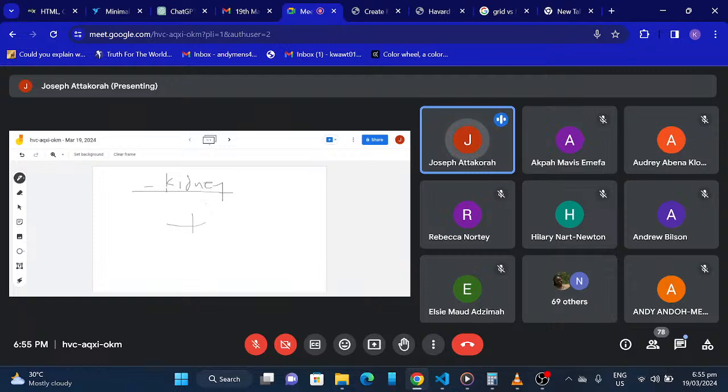So my first question is, what will be the effect if there's a waste buildup? What will be the effect if you have waste buildup?